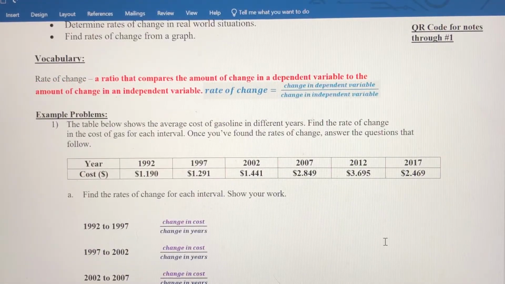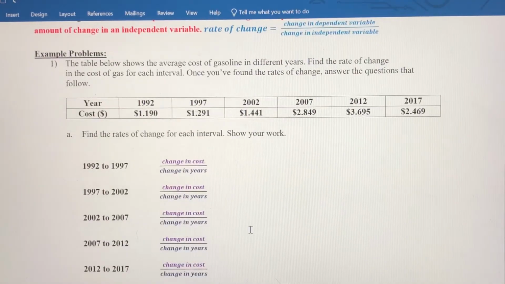So what we want to do is to calculate the rate of change over each of these intervals. Again, the change in dependent variable over change in independent variable. So for us, it's going to be change in cost over change in years. From 1992 to 1997, the dependent variable is the cost, the independent variable is the year.